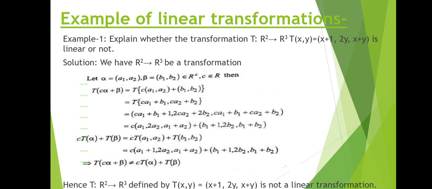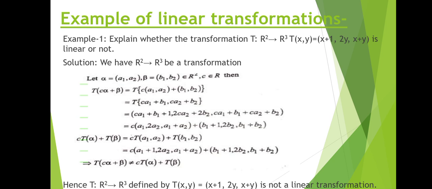Then T(cα + β) is equal to T(c(a1, a2) + (b1, b2)). This is the definition of the linear transformation which we studied earlier in the first slide. Now we solve this: T(ca1 + b1, ca2 + b2), because we know how to open it.